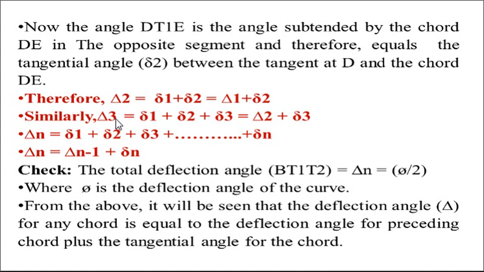Similarly, we can write delta 3 is equal to delta 1 plus delta 2 plus delta 3, and hence we can write delta 2 plus delta 3 is equal to capital delta 2 plus small delta 3 is equal to capital delta 3, and in this way say capital delta n is equal to small delta 1 plus delta 2 plus delta 3 plus delta n, or we can write capital delta n is equal to capital delta n minus 1 plus small delta n.